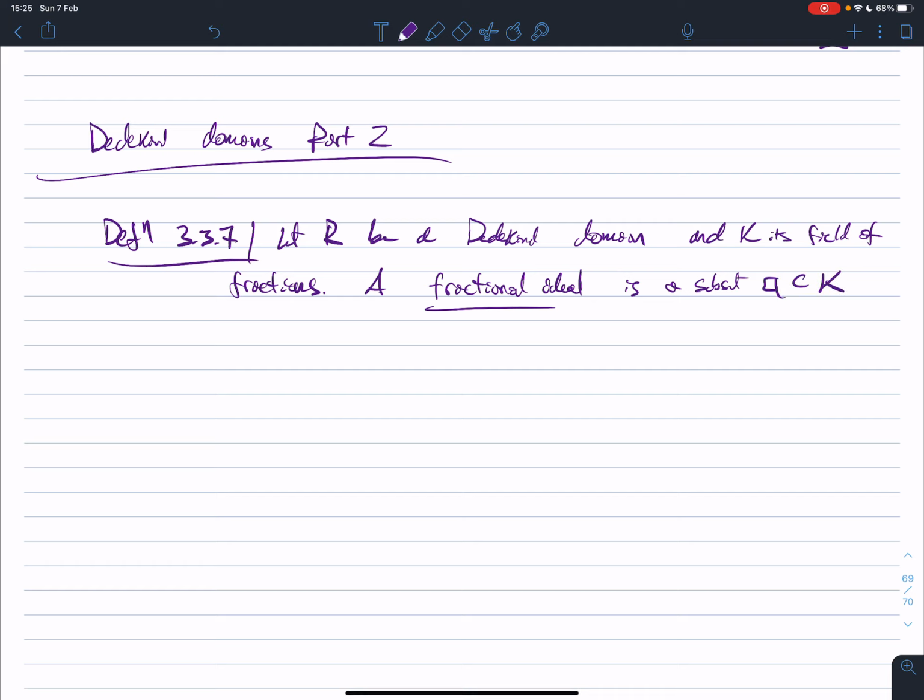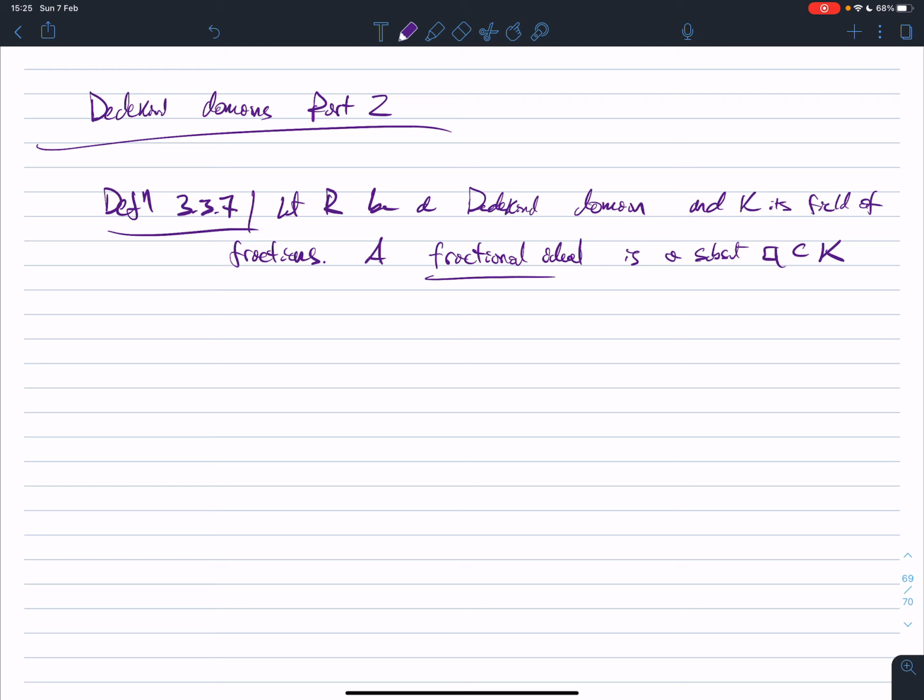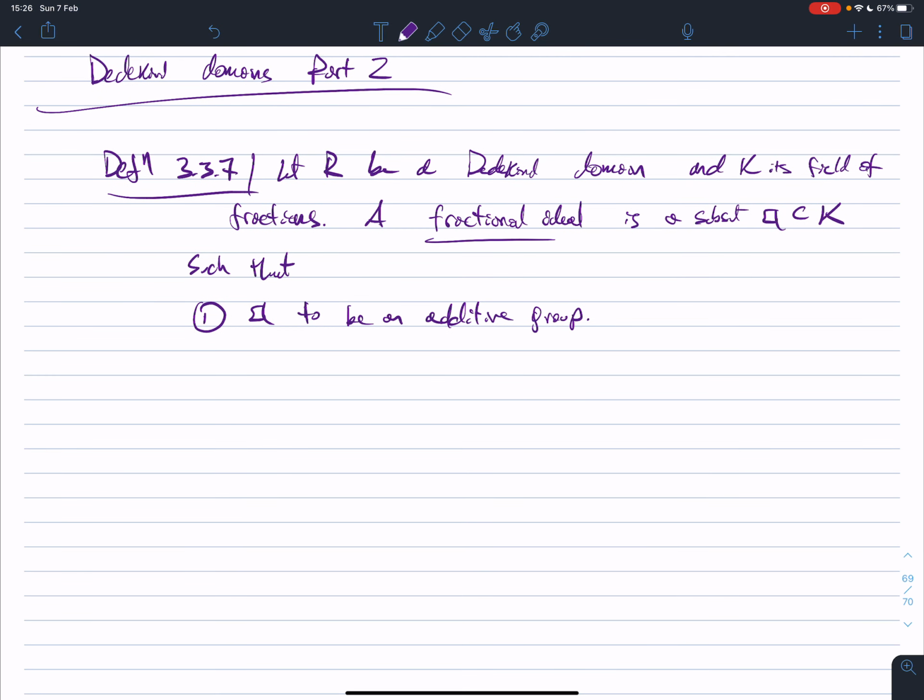So notice that in a field you have no ideals, but I'm talking about fractional ideals, so this isn't quite an ideal. So it's a subset A of K such that the following three things hold. I want A to be an additive group, so closed under addition, an additive abelian group.